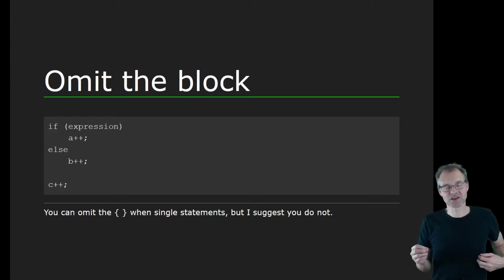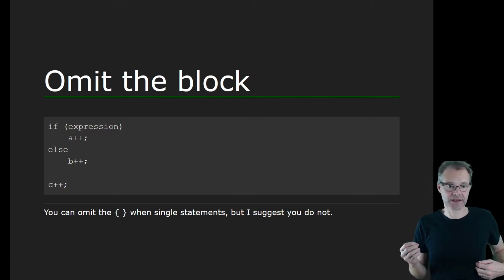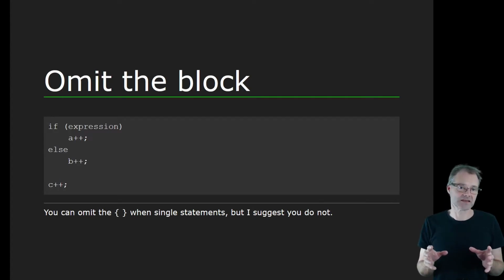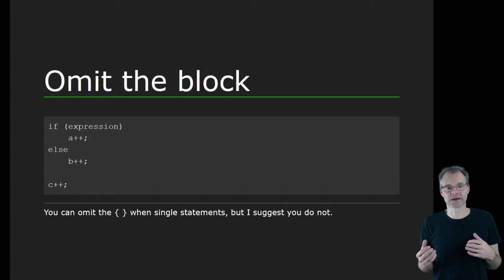In C, we can omit the block, so we don't need the block braces when we only have a single statement. So we could write it like this: if expression, increment A, else increment B, and C will always be incremented since that is outside of the if-else statement.